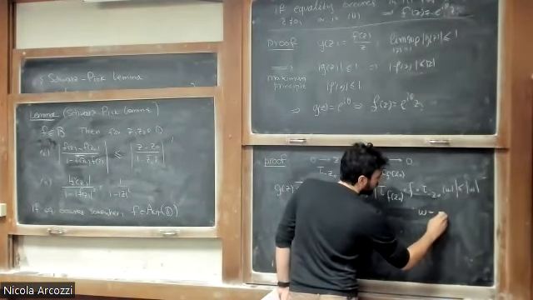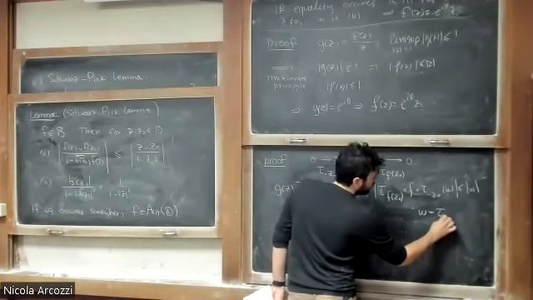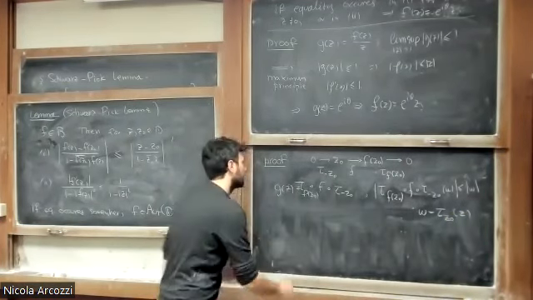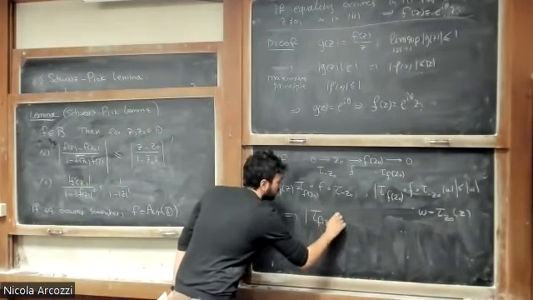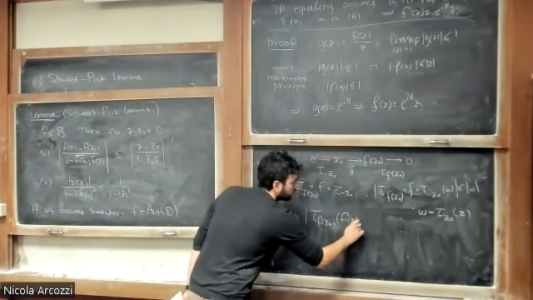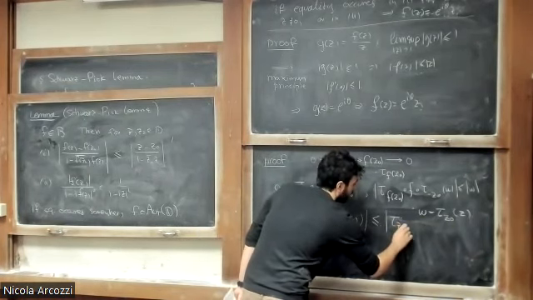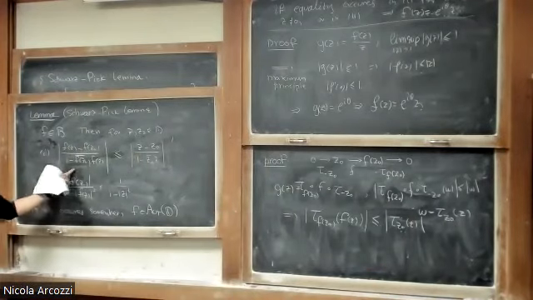I can set w equal to tau of minus z0 applied to z, and this will give me exactly what I want, which is the first statement of the theorem.